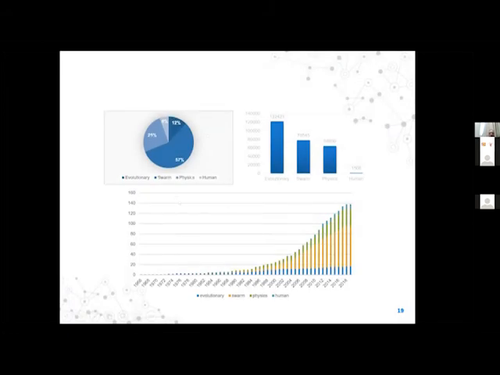Again, here we can see the citations, and again, these citations are from 2 years ago. We found that evolutionary algorithms have attracted many researchers, then swarm and physics, and as human-related techniques are very recent, they have the smallest citation count.